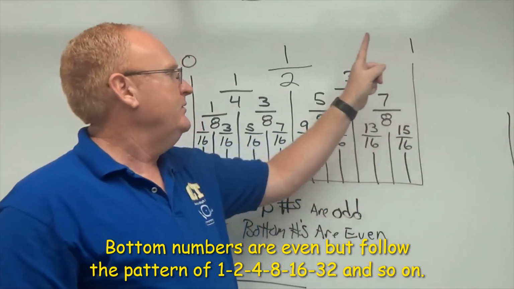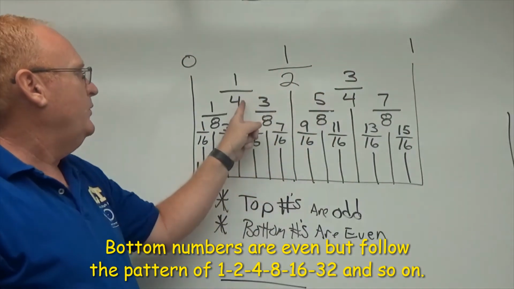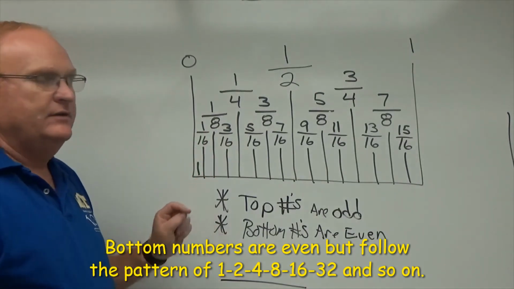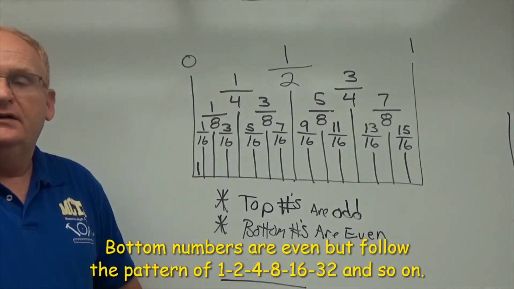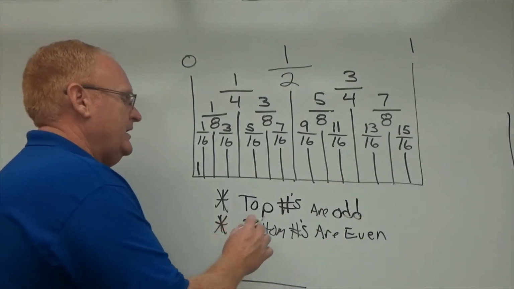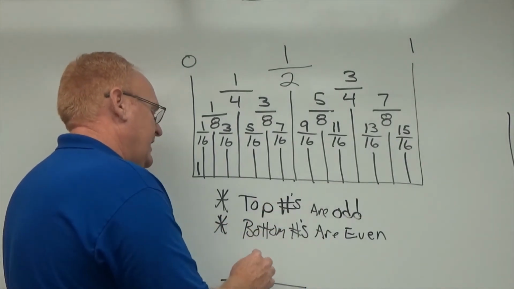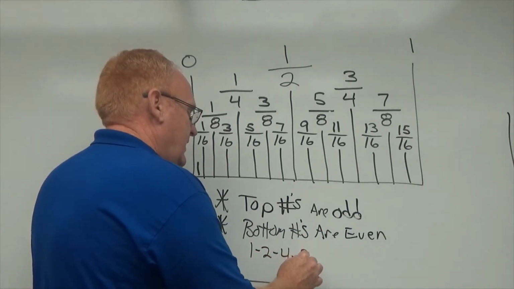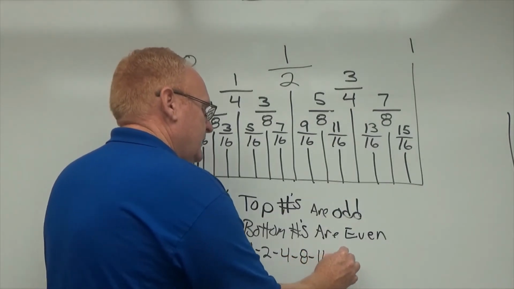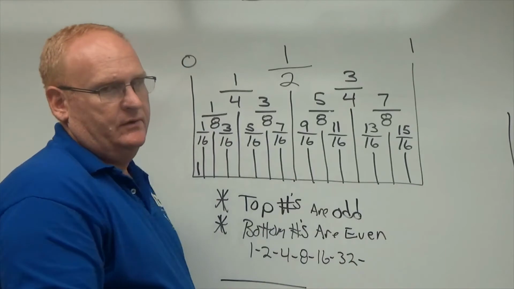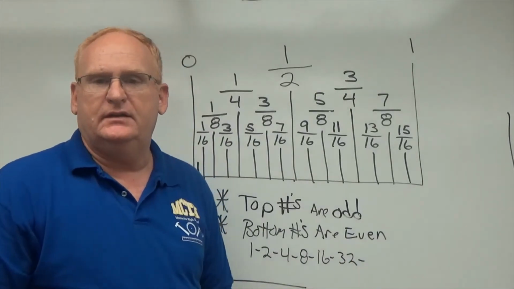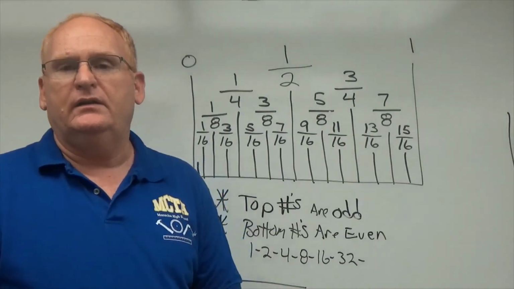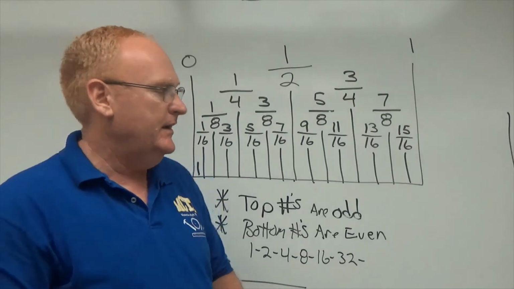That bottom number doubled to 2, doubled to 4, doubled to 8, doubled to 16, and then doubled to 32nd. Okay, making sense? So the bottom numbers are even, but they follow a pattern. They go from 1 to 2 to 4 to 8, 16, 32, 64, 128, 256, and so forth, 512. But we don't measure that small in woodworking. 32nds is good, okay?